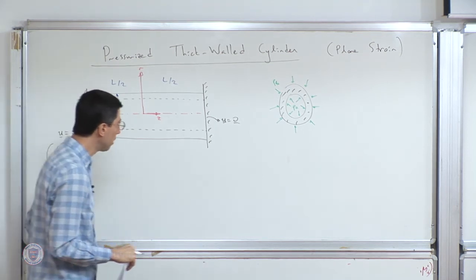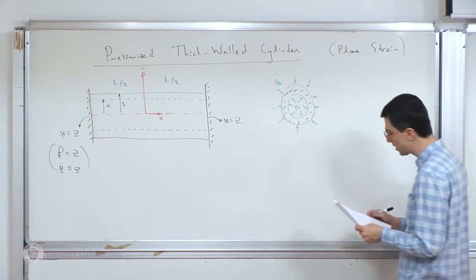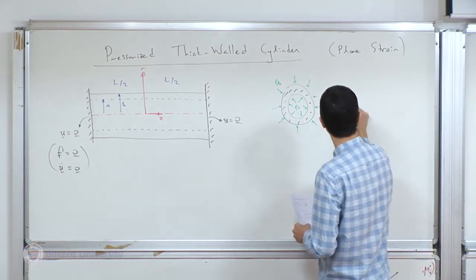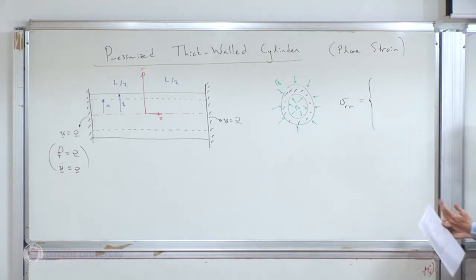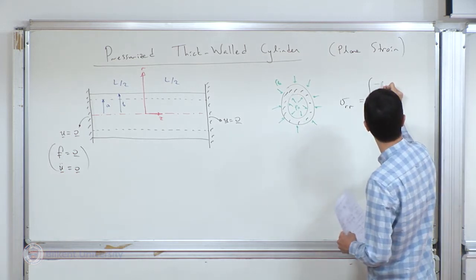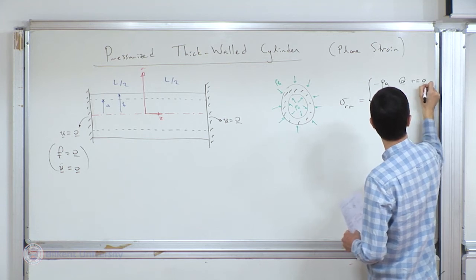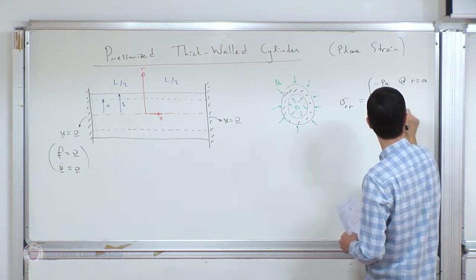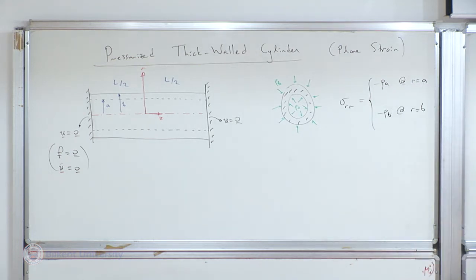And in addition to these displacement boundary conditions, the pressure acts also as a boundary condition, just as in the spherical pressure vessel problem, or the pressurized thick-walled sphere problem. We have, in this case, the radial stress equal to minus PA at r equals A, and it's equal to minus PB at r equals B. Okay, that is the problem setup.